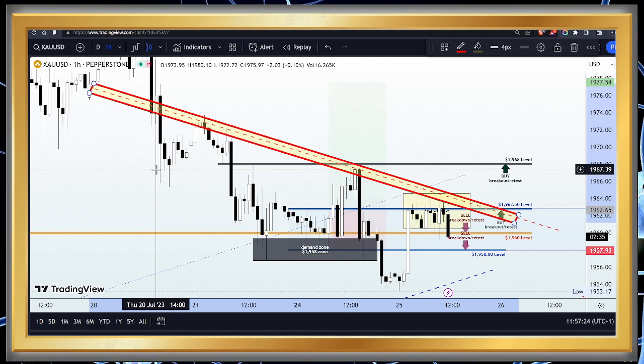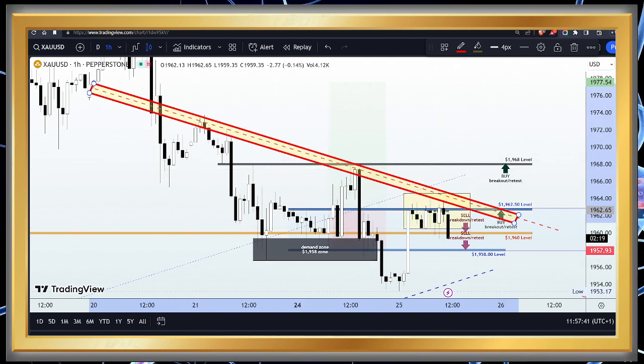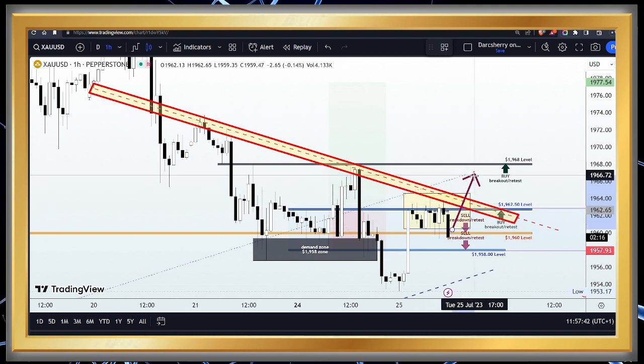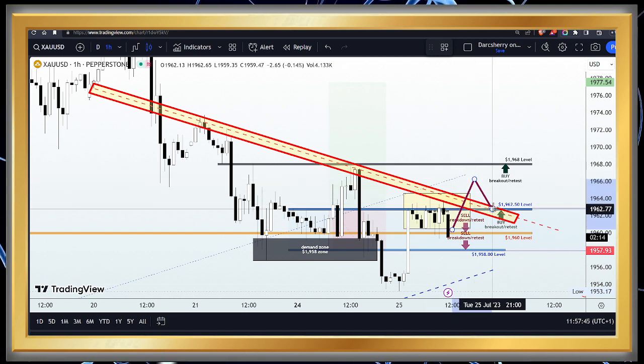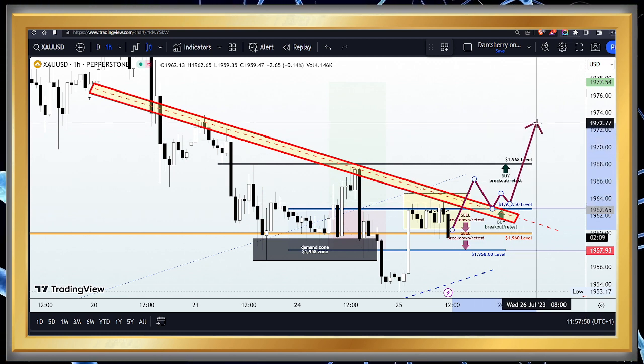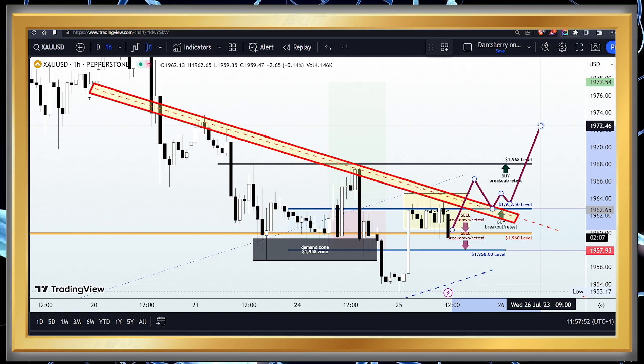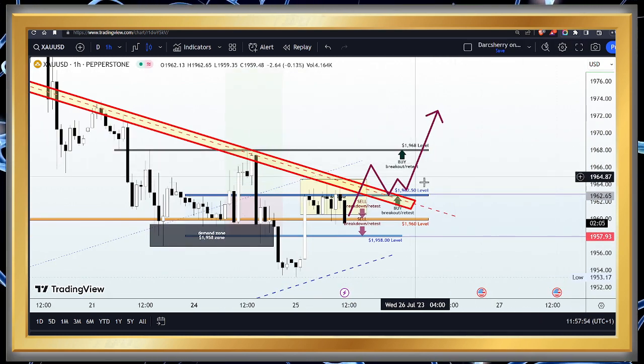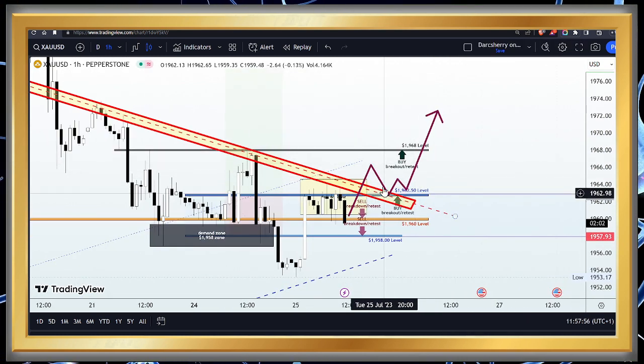What this simply means is that as long as price action remains below this descending trend line, we will have no other choice than to look out for opportunities to sell the XAUUSD. The only thing that will make us want to buy the XAUUSD today is for us to see a breakout of this trend line, where the retest of structure should give us an opportunity to buy, while a further breakout of the 1968 will welcome more buy positions in this particular market.